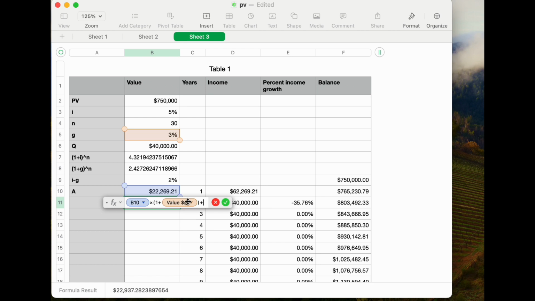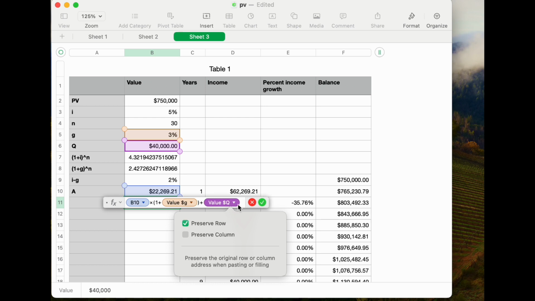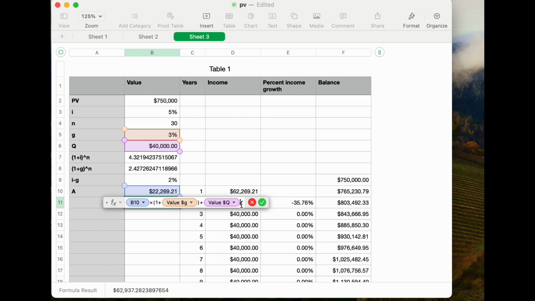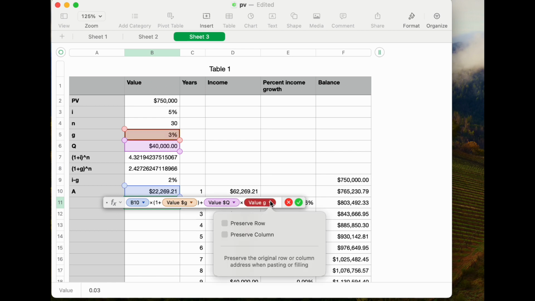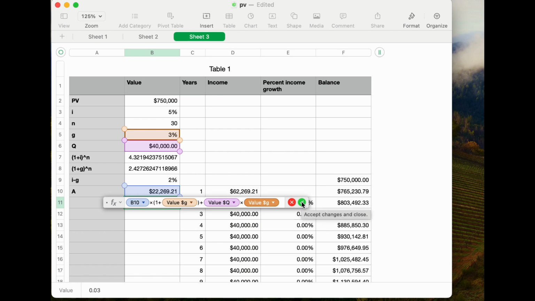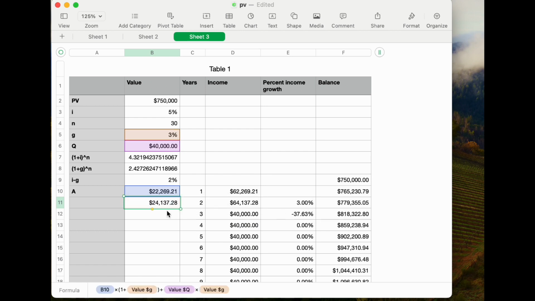Plus QG. We'll preserve that also. So that should be grown by the payment and the pension.